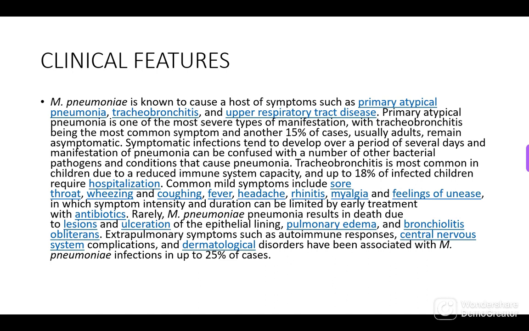The common mild symptoms include sore throat, nonspecific wheezing, already said that, coughing, fever, headache, rhinitis, myalgia, and feelings of unease, in which symptom intensity and duration can be limited by early treatment with antibiotics.